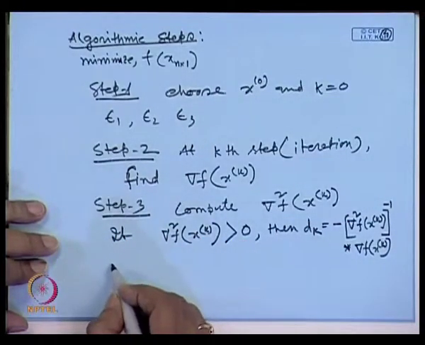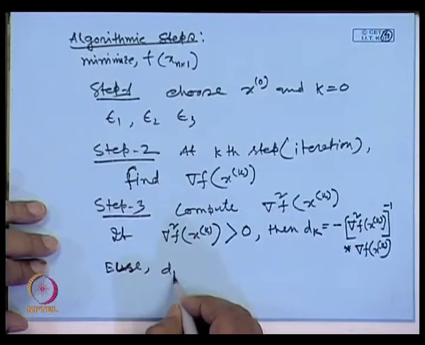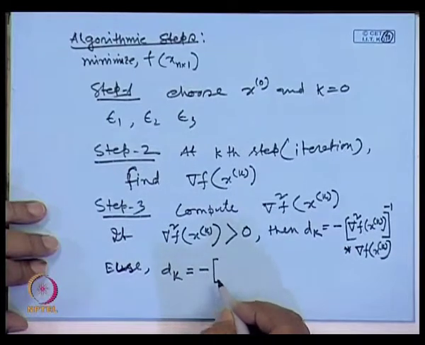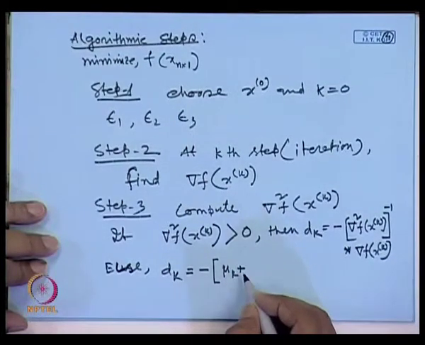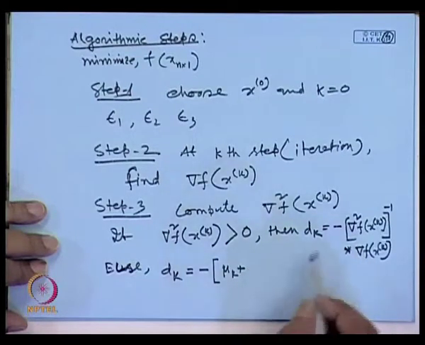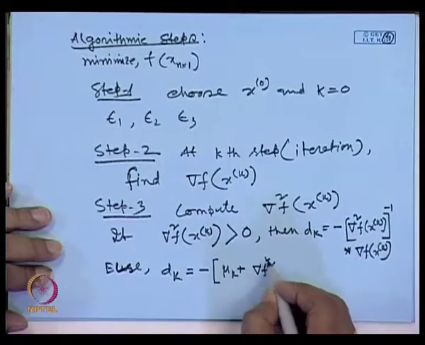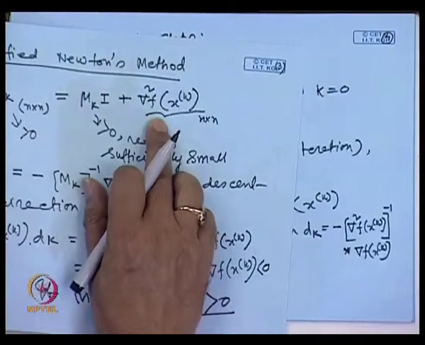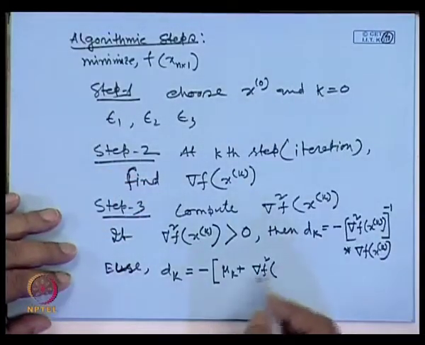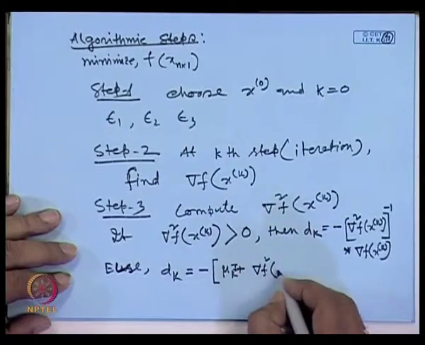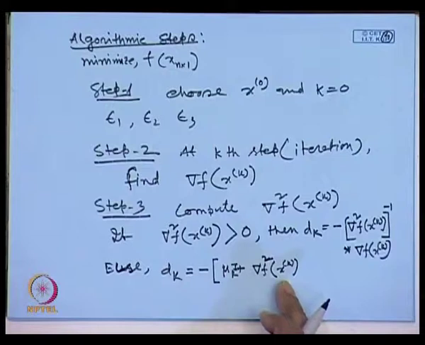Suppose it does not satisfy, else you try dk equal to minus, this is mu k, where M k is modified: mu I plus the Hessian matrix, the second derivative of the function at the kth step.